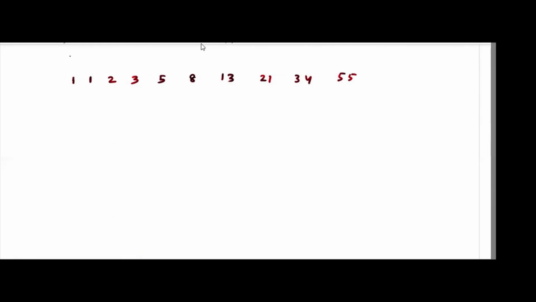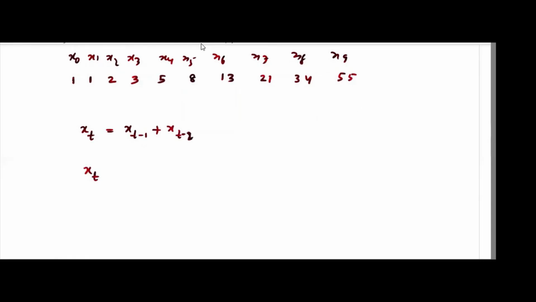So if you start writing x0, x1, x2, x3, x4, x5, x6, x7, x8, x9, and if you write xt, this will be xt minus 1 plus xt minus 2. This is a recursion equation. But what is the solution? Suppose you know this equation. This is the Fibonacci equation.